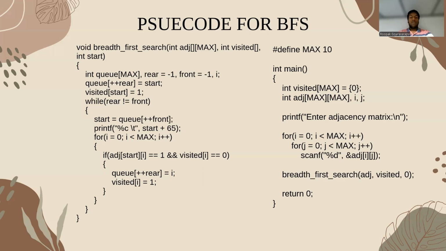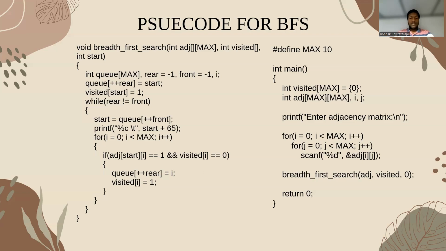Next, we will have the main function. In the BFS main function, the line int visited[max] = 0 creates a visited array and initializes all values to 0. The line adjacency[max], i, z declares the adjacency matrix and loop variables.